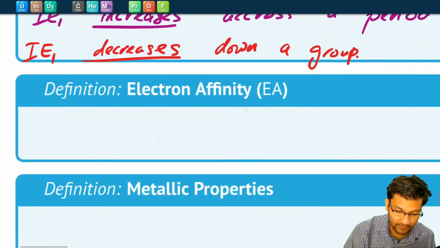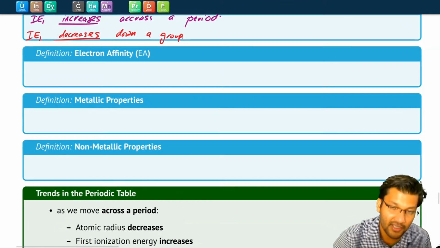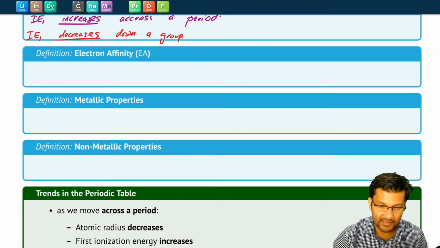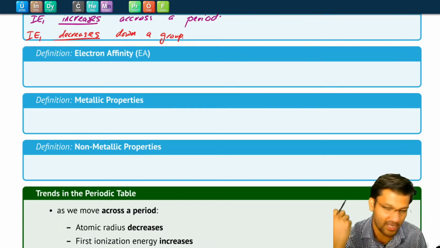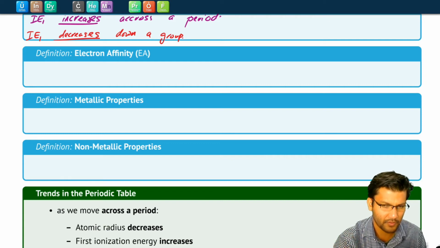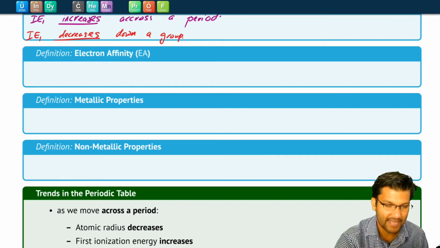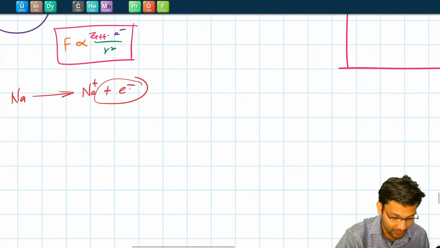All right, let's think about the opposite, electron affinity. Electron affinity is how easy it is for the atom to attract an electron to itself, right? This is useful for when we want to form negative ions. That atom has to attract an electron to itself. So let's think about the force.